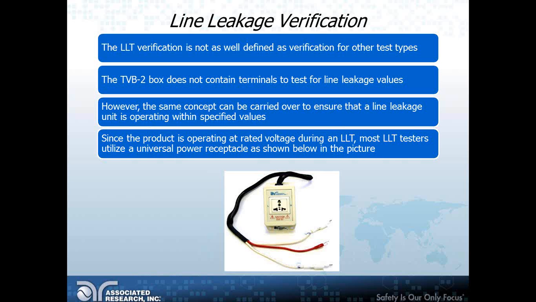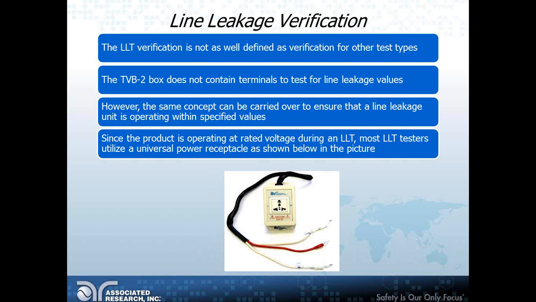If you notice, the TBB2 box allows the user to run verification tests on ground bond, ground continuity testers, Hipot testers, both AC and DC, and insulation resistance testers. However, you may not have seen any line leakage verification ports on that box.